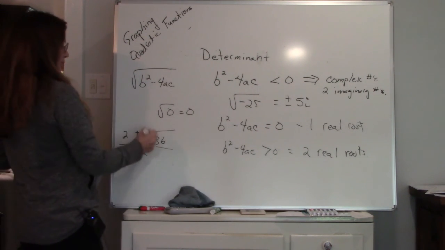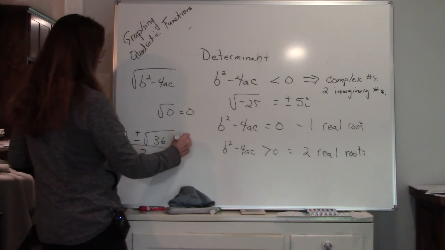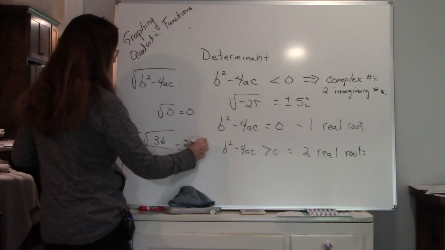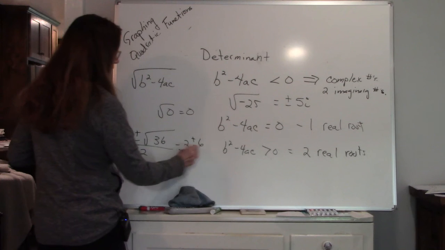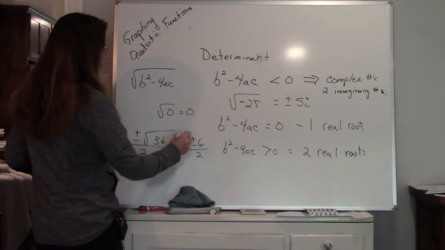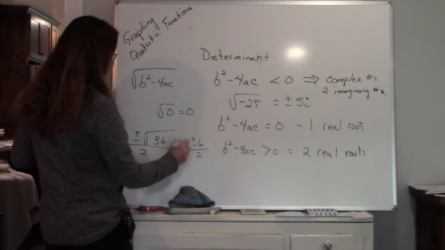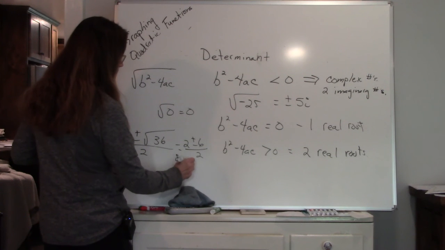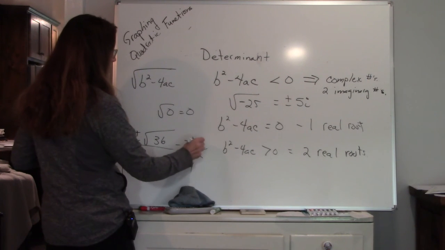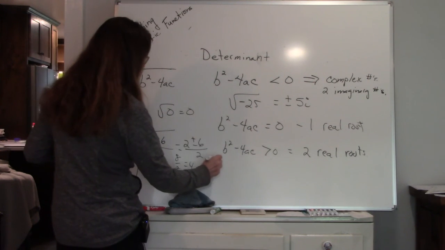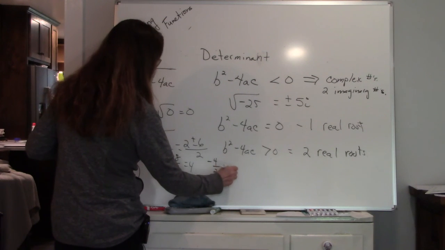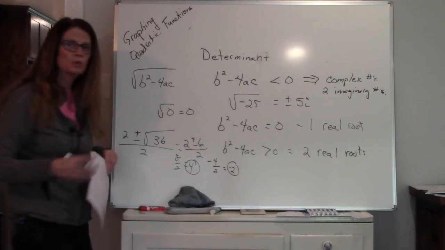Because this is positive, I'm going to end up with 2 plus or minus the square root of 36, which is 6, over 2. So I have a positive version: 2 plus 6 is 8 over 2, which is 4. 2 minus 6 is negative 4 over 2, which is negative 2. Those are my two real roots.